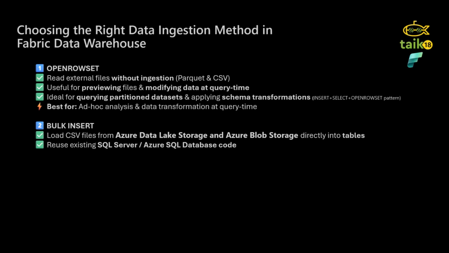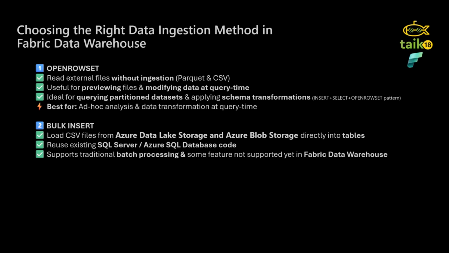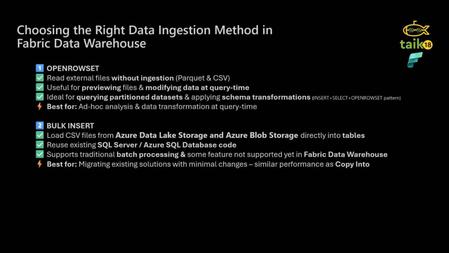So this has an additional feature: you can directly use your bulk insert functionality inside Fabric data warehouse. It supports traditional batch processing, and some features are not supported yet in the Fabric data warehouse while using bulk insert. We'll talk about that in the next slide, but this is just a summary. This is best for migrating your existing solutions with minimal changes. In terms of performance, it is similar to COPY INTO.